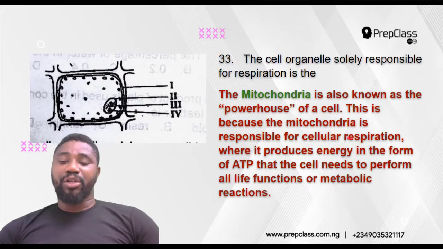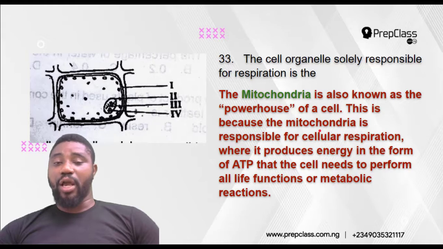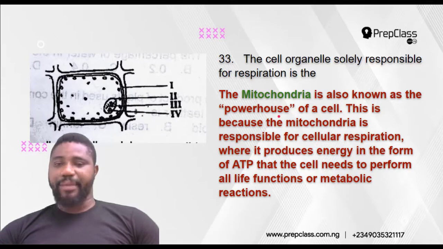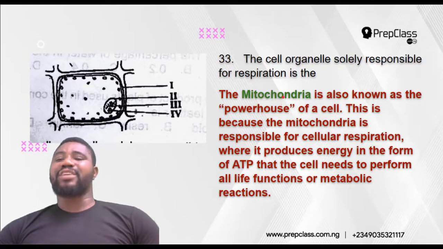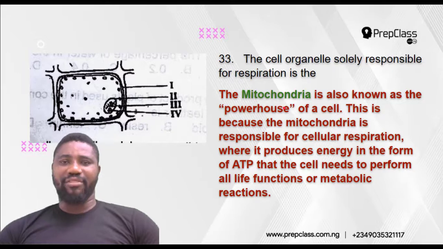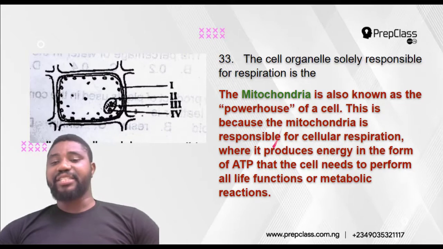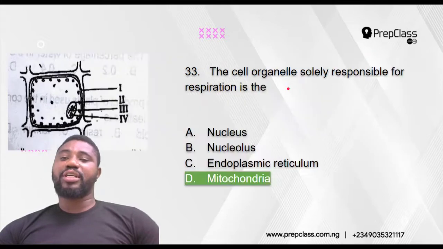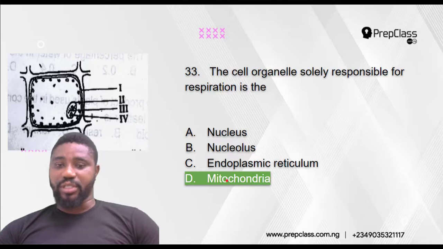Cellular respiration, a complete oxidation of glucose to ATP, takes place in the mitochondria. So the mitochondria is responsible for providing energy for the whole cell in the form of ATP. That's why the mitochondria is called the powerhouse of the cell. So the organelle responsible for cellular respiration is the mitochondria. Option D.